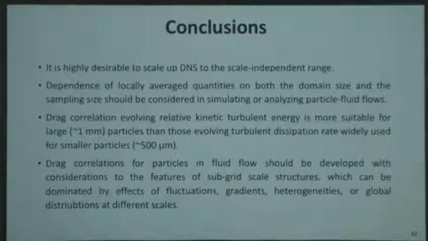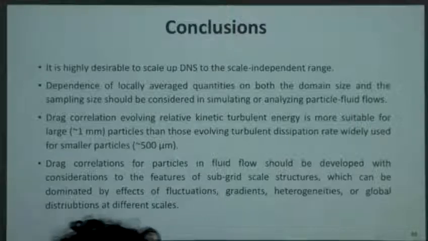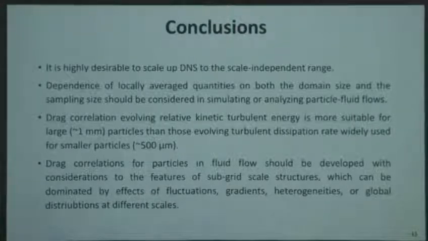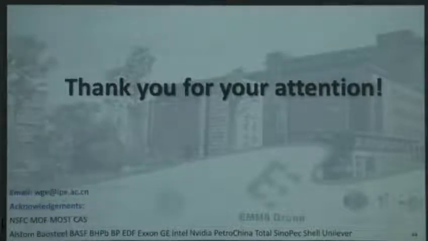I think DNS is important, but it is desirable to go to large scales to understand its scale dependence. And the drag law should also be understood at different scales because of the different dominant effects of fluctuation, gradient, heterogeneity, or global distributions.